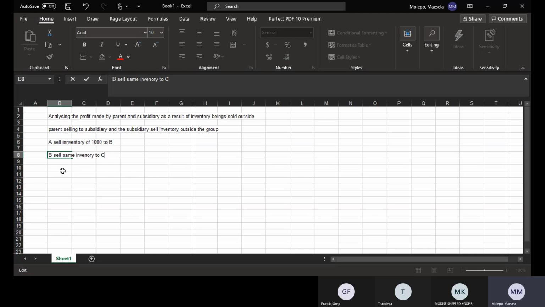So when we're going to close our books, now we want to eliminate.